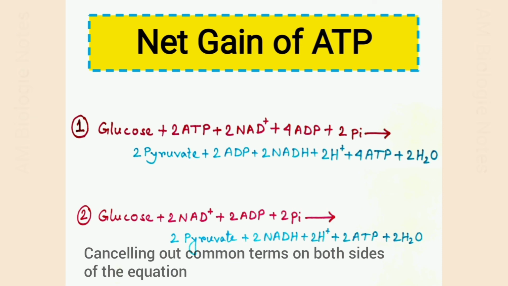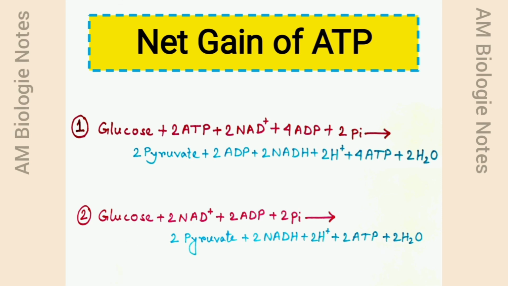So, we see that one molecule of glucose is converted into two molecules of pyruvate with production of net two molecules of ATP and two molecules of NADH.